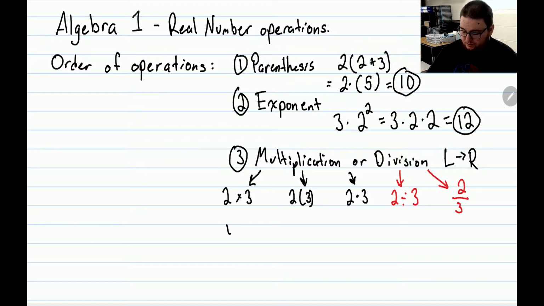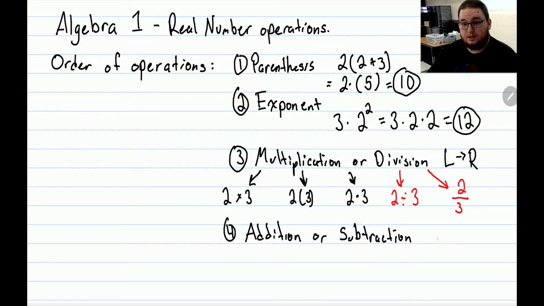And the fourth thing that you do will be addition or subtraction. Again, we're going to be working left to right, and there's not really any differences that I can show you between addition and subtraction. You can do either as long as you're following it left to right.